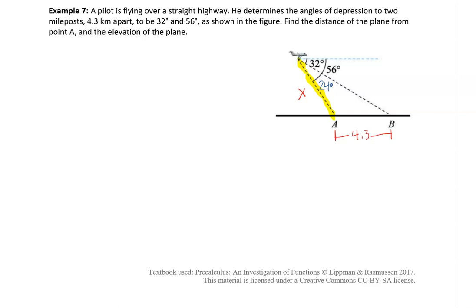degrees. If I know that that angle is 24 degrees, and I know that he's flying over a straight highway, that means that his flight path and the highway are both parallel.